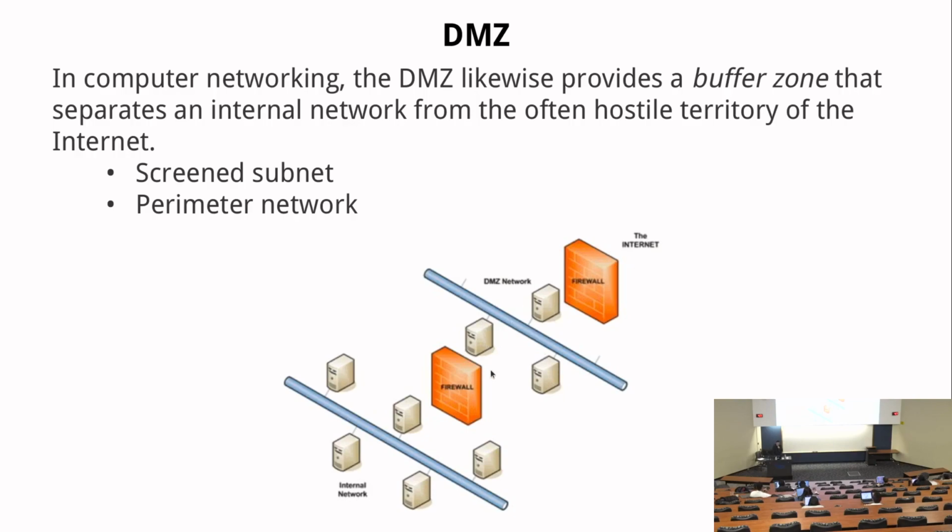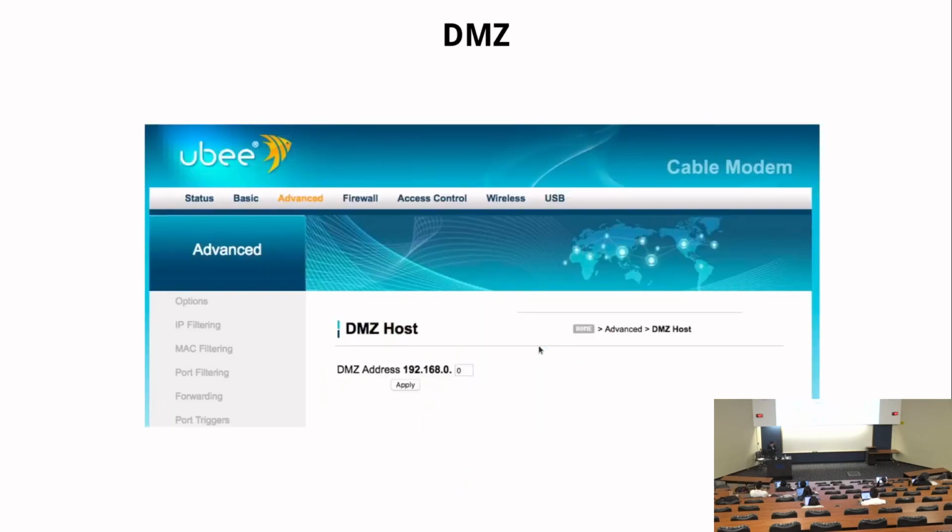However, behind the DMZ network, we have our own real internal network. And from there, we will apply another set of policies, rules. So for the malicious packets from the internet, it will be harder to get into the real internal network, maybe easier to get to the DMZ network.